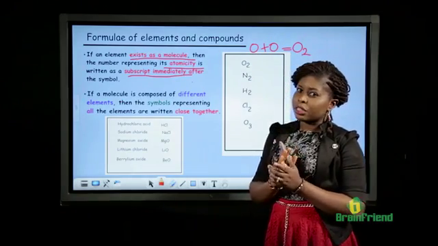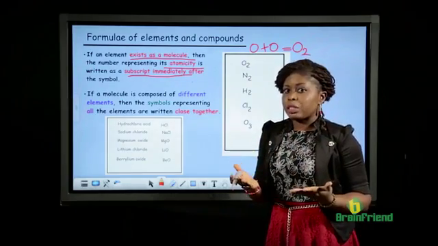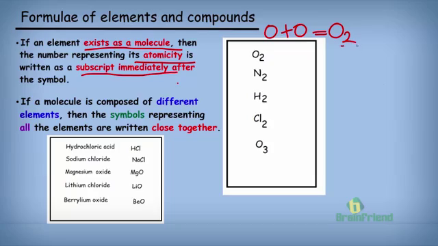The number that represents the number of atoms in that molecule is written as a subscript, immediately after the symbol, but somewhere below. So this 2 is telling us that we have 2 atoms of oxygen in this molecule. If we have this, it means we have 3 atoms of oxygen in this molecule.